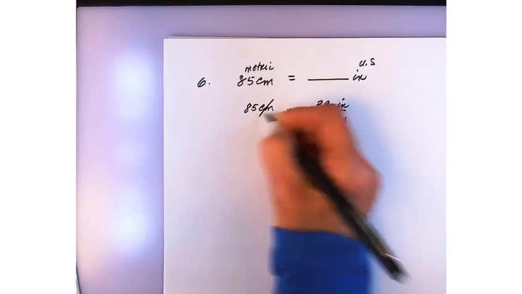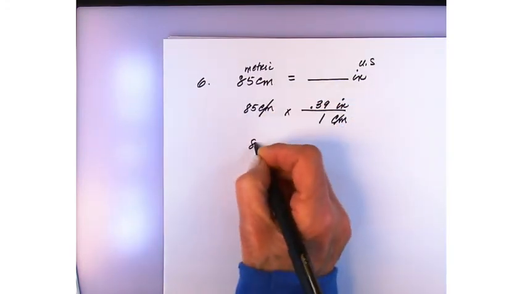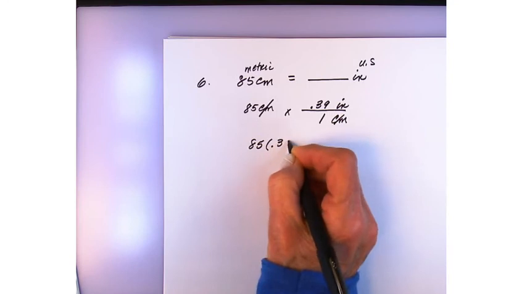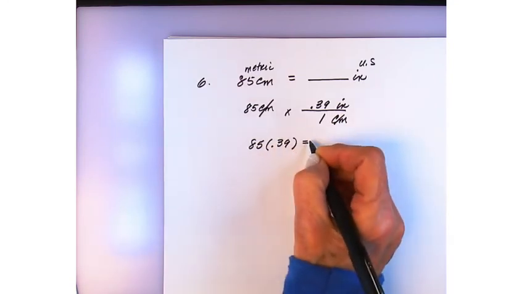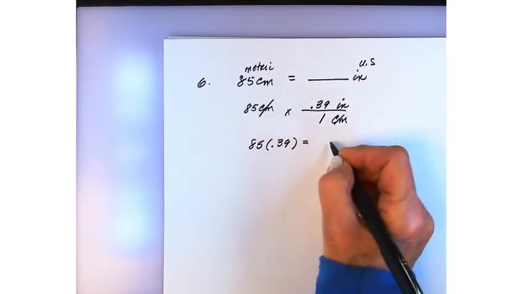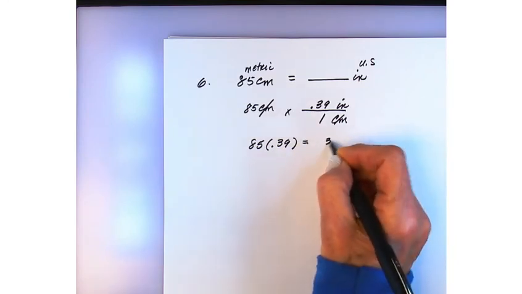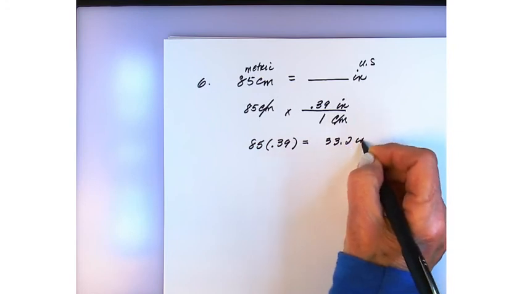So the centimeters cancel. You have 85 times 0.39, and you should put that in your calculator, and you should get 33.2 inches.